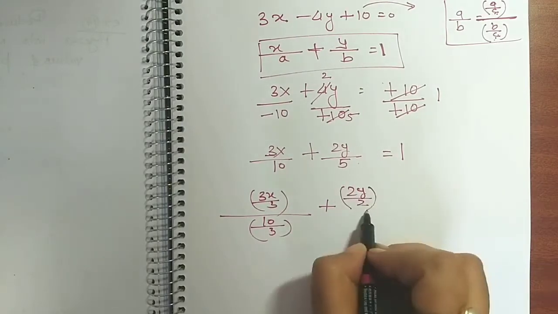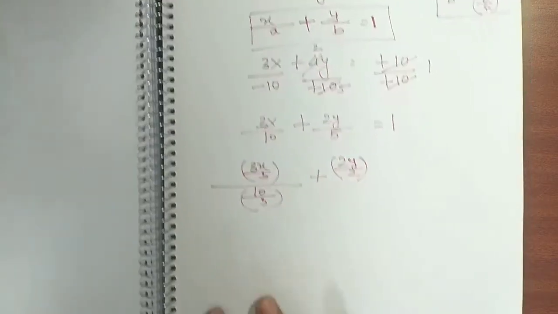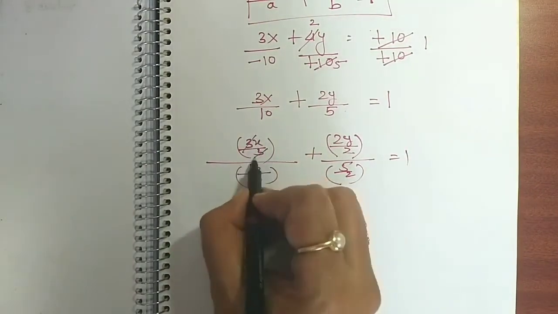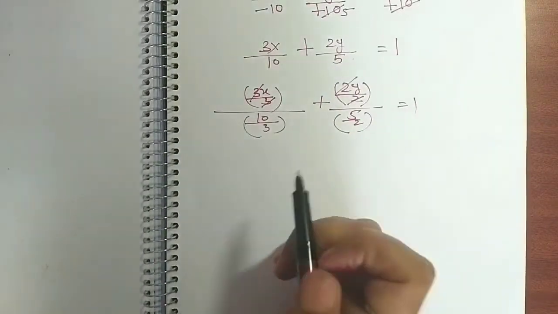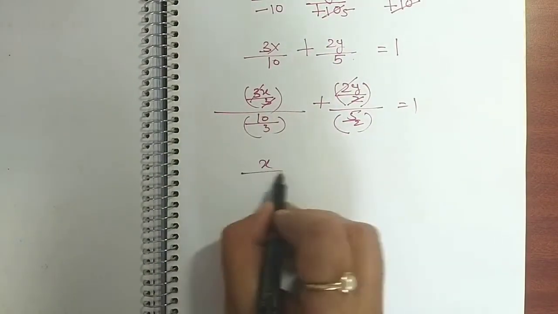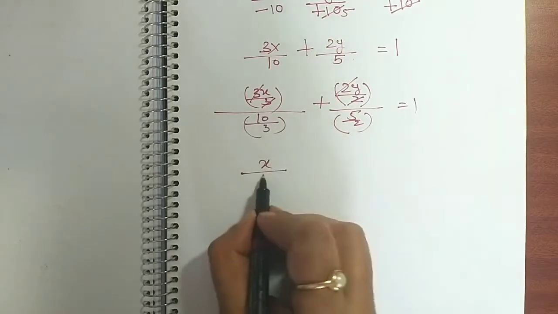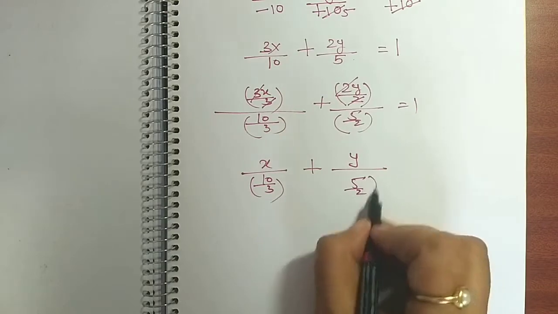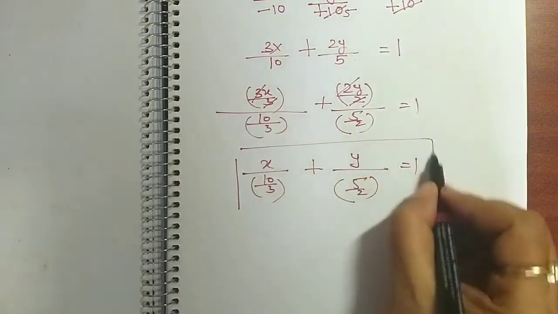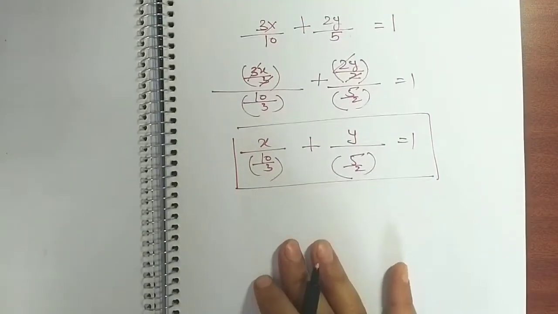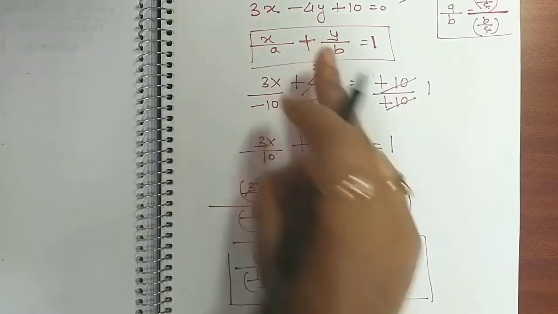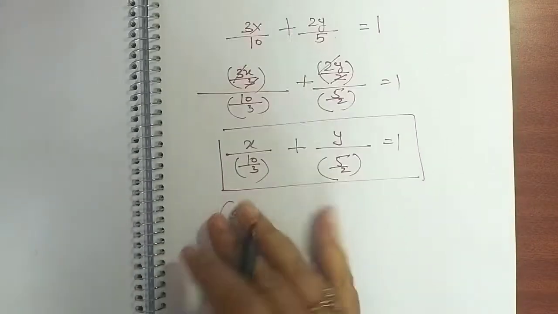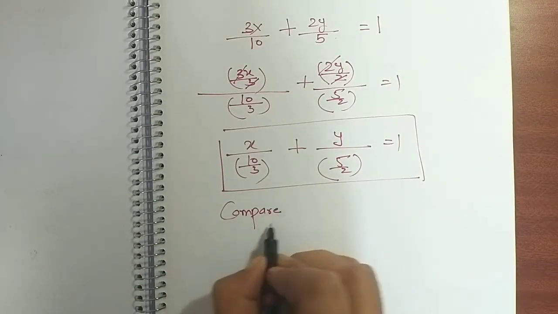In order to make it only y, I am dividing by 2. So I have to divide this also by 2 is equal to 1. So here 3 cancel, here 2 cancel. Okay, so what I am getting here is x by this term, which is 10 by 3, and y by this term, which is 5 by 2, is equal to 1. Now I can see my equation is exactly close to this. If I compare, so what will I get, guys?